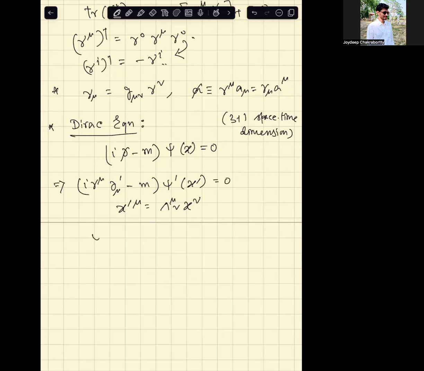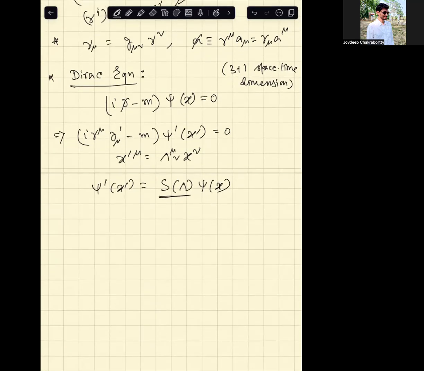So then I would expect that psi prime of x prime is basically S(lambda) psi of x. Here we assume that psi prime of x prime and psi of x are linearly related. That's the assumption here, and this is the transformation property. So we need to find out what my S(lambda) is.